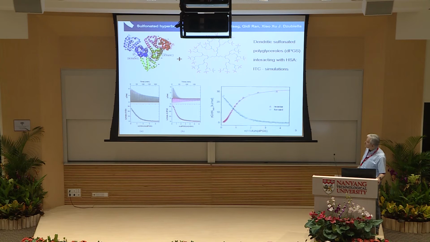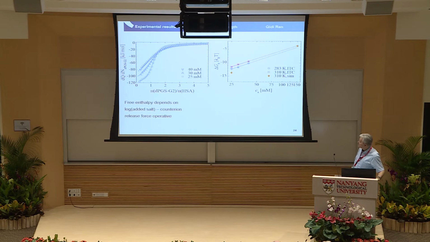And then we, of course, did the ITC experiment. First of all, you start titrating the polyelectrolyte into the protein and vice versa. And you convince yourself that you do everything right. And then you see for this dendrimer of second generation, it's approximately a 1-to-1 complex.